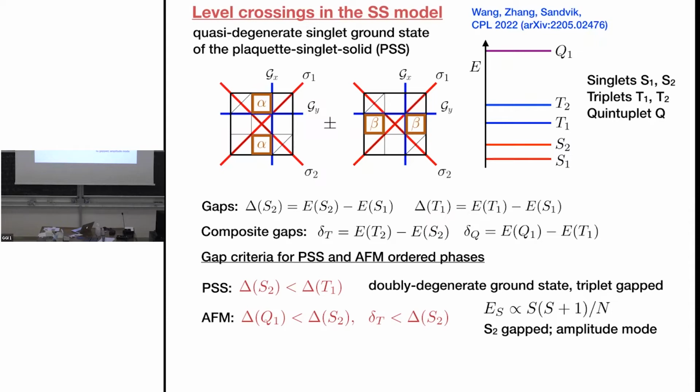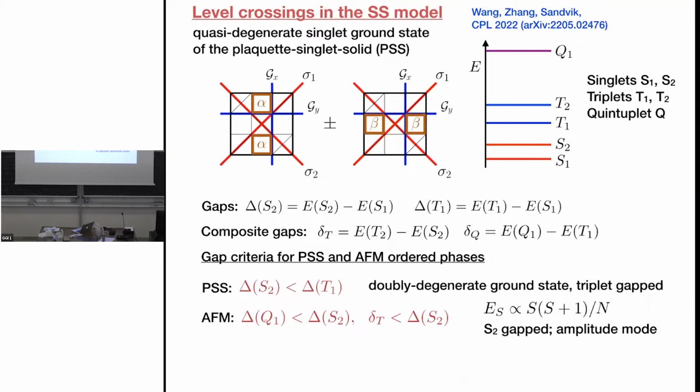So the second singlet that we calculate, since this one is the ground state, should be below the first triplet excitation. This is some example of what the levels may look like, but it's just a cartoon. If you have that kind of doubly degenerate ground state with a triplet excitation, then this must be true.